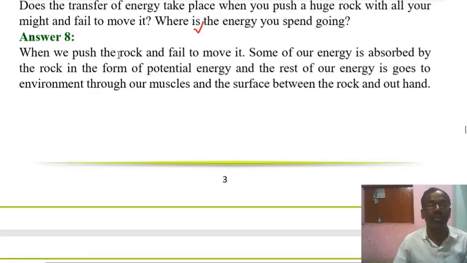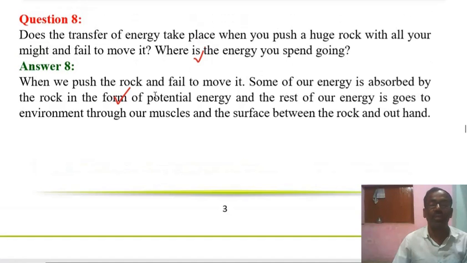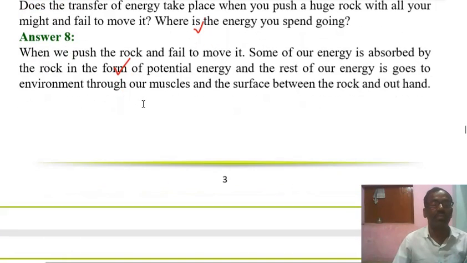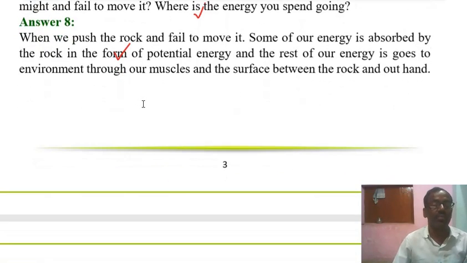When we push the rock and fail to move it, some of our energy is absorbed by the rock in the form of potential energy, and the rest of our energy is decreased. So the answer of the question number 8 will be this one, and hope that there is no problem to understand the solution of answer of this question.